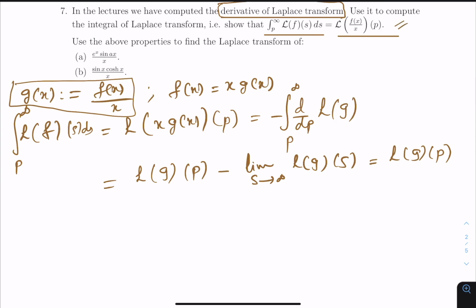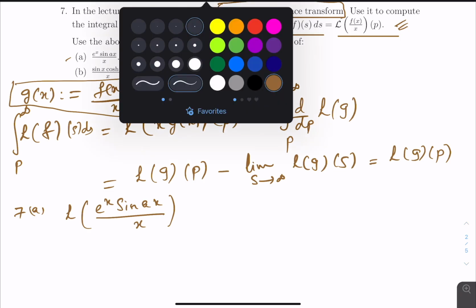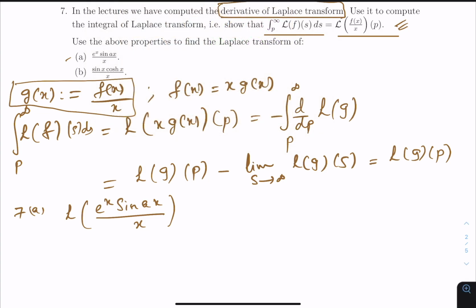Now let's do 7a. So what is 7a? It's asking us to compute the Laplace transform of e to the x sine ax over x, and we have to find it using the result that we proved here. So there is a denominator x anyway, and the numerator, let's call it f of x.